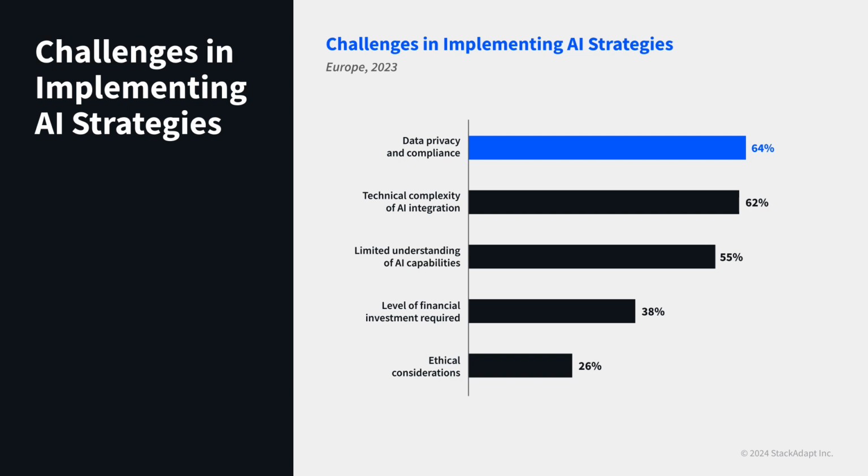There are also limited understandings of AI capabilities within teams right now, so I guess the time again to get teams trained up and using AI to its best capabilities. And of course, there would be a level of financial investment required to it as well, and what that looks like in terms of cost. And as we've already mentioned, I guess there is an ethical consideration to it as well, and how that ultimately affects the business and the workforce.